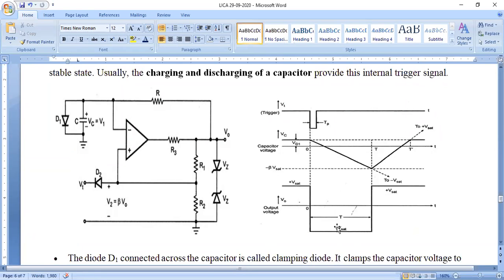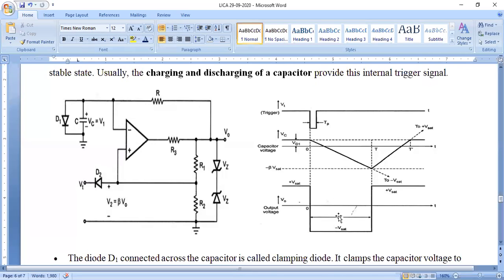Previously, at positive Vsat, we are at stable behavior, but at minus V saturation the entire multivibrator is in the quasi-stable condition. That means the capacitor is discharged with respect to the lower threshold value and the output is minus V saturation.